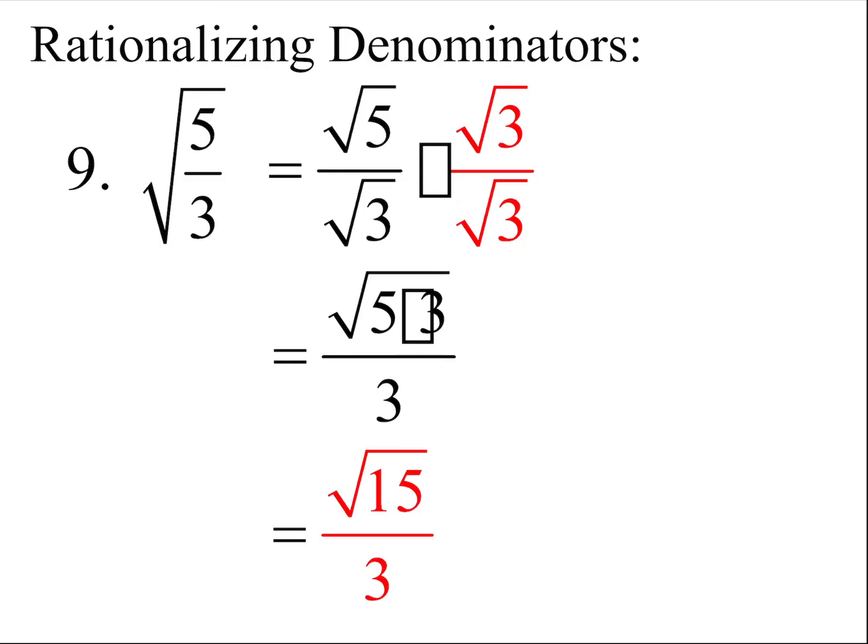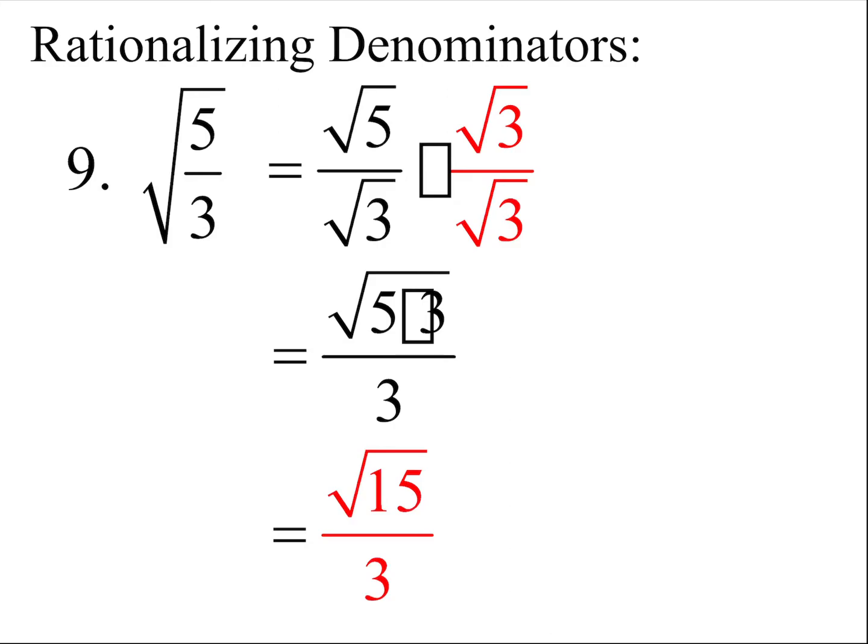So again, for rationalizing denominators, okay, we're trying to rationalize denominators. So if I've got an example like number 9, where I take the square root of 5 over 3, and I try to simplify that, I get the square root of 5 over the square root of 3. That doesn't simplify anymore. However, it is an improper form. Okay, my denominator is not rationalized. So in order to rationalize it, all I do is multiply both the top and bottom by the denominator.